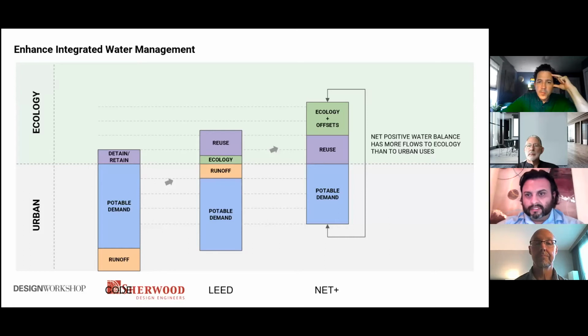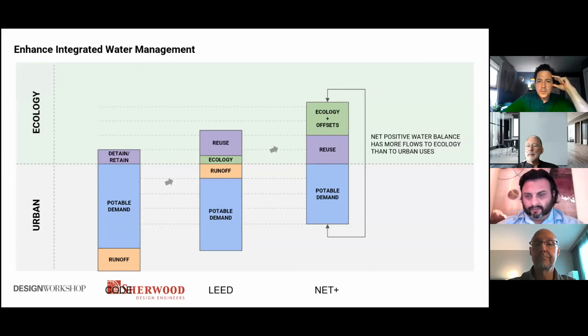And so there's three overarching approaches. To the very left of this image is the code approach, where we have a certain potable demand, a certain amount of runoff, and by code you're asked to detain or retain a certain amount of water. But as we move to the right, if we're looking at, say, a LEED framework, we can begin to intercept a certain amount of water for reuse and begin to create ecological benefits.